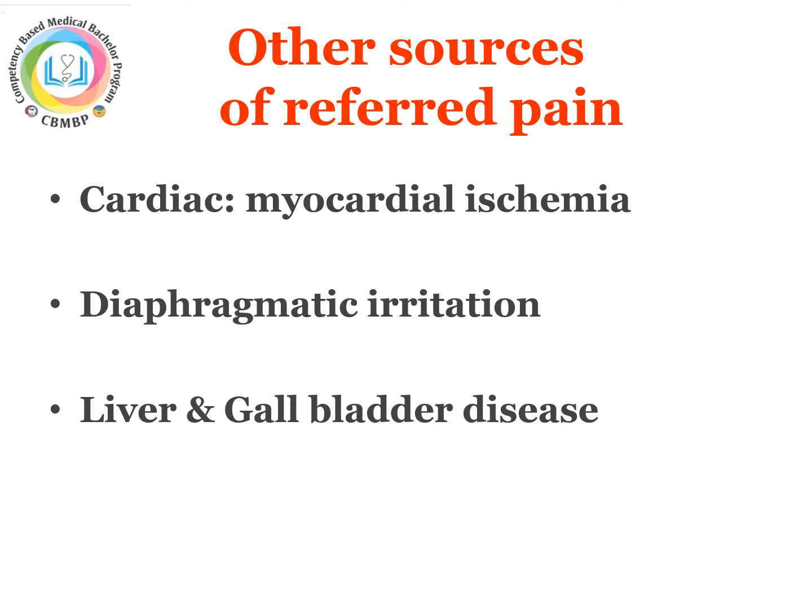Other sources of referred pain in the shoulder may come from the heart, like in cases of myocardial ischemia radiating to the right shoulder, and diaphragmatic irritation also radiating to the right shoulder. Liver and gallbladder diseases may also radiate to the shoulder.